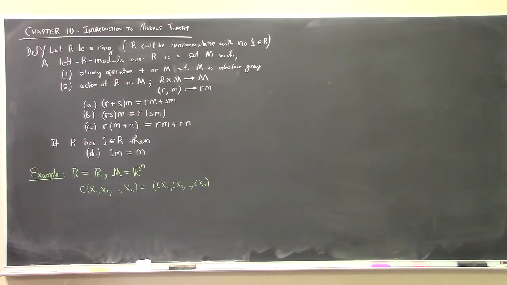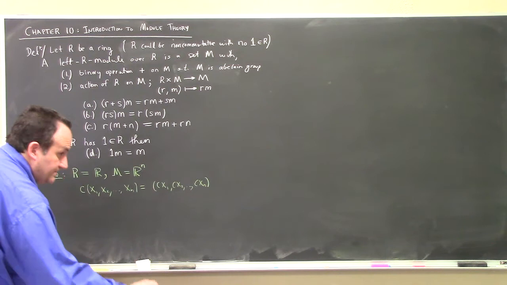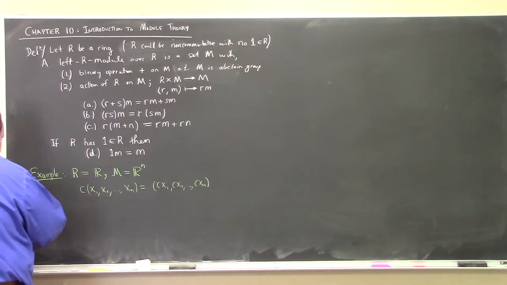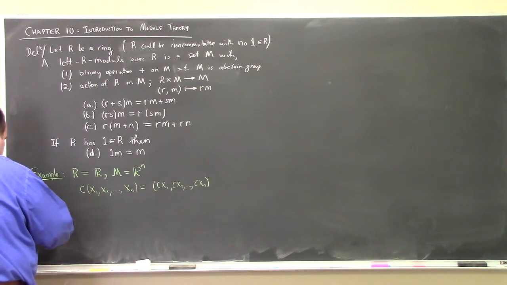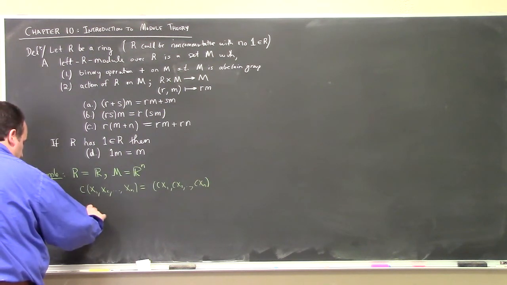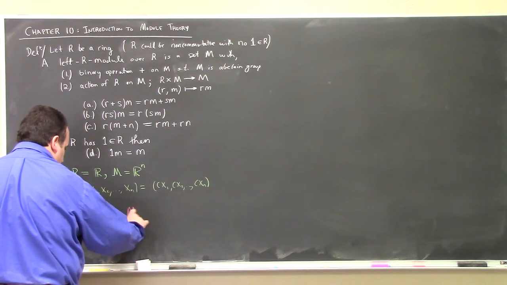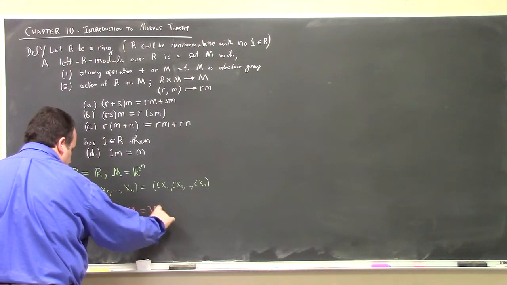But if you really think about that example, you realize that you could just as well replace R with any field. We could let R be any field, and we could let M be a vector space over that field.